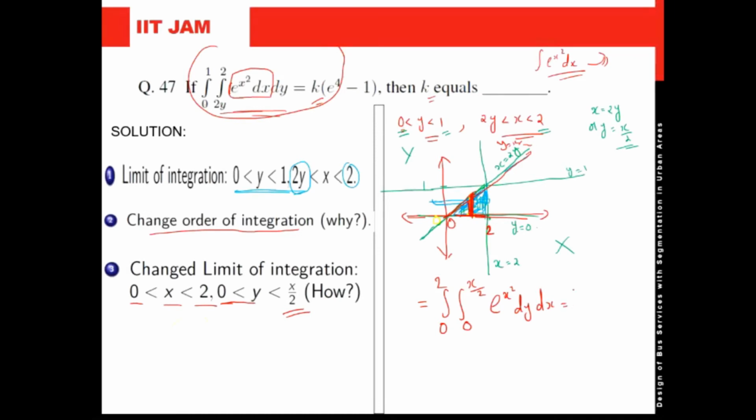Integrating with respect to y from 0 to x by 2, I get the integral from 0 to 2 of e raised to x square times (x by 2 minus 0), which is the integral from 0 to 2 of x by 2 e raised to x square dx.